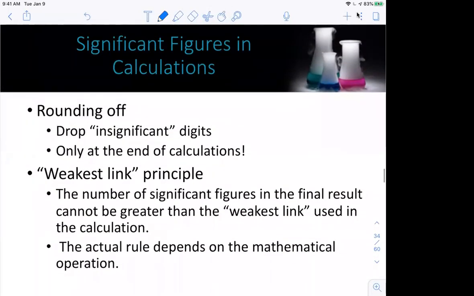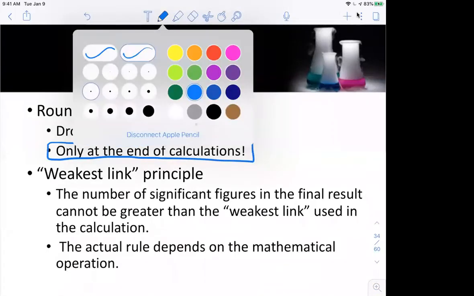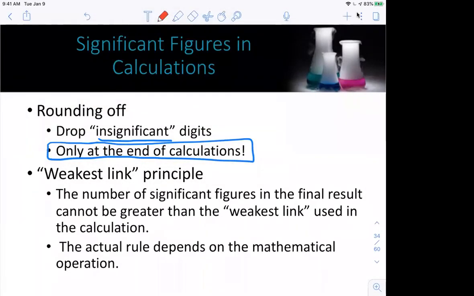First of all, when I have a number, sometimes I need to round off, which means I need to drop insignificant digits. I only do this at the end of calculations. This is important. I only round at the end.